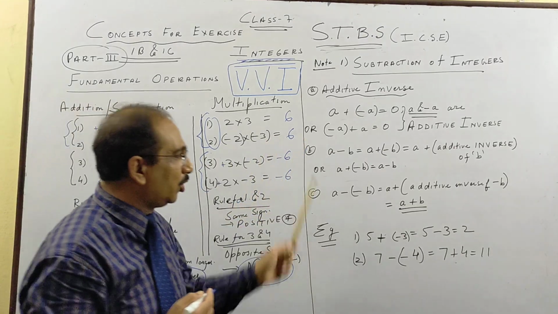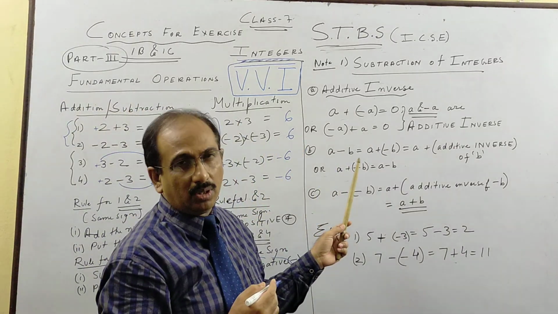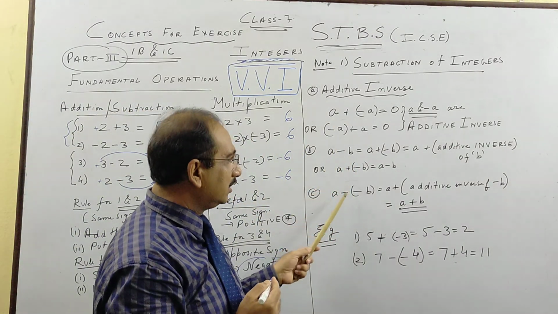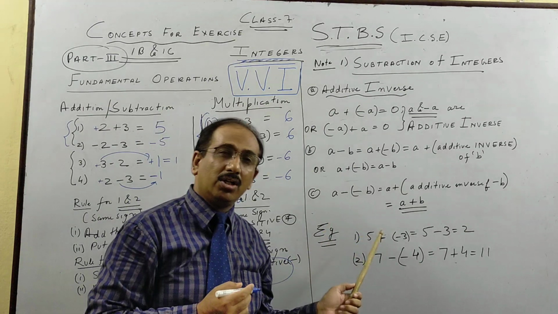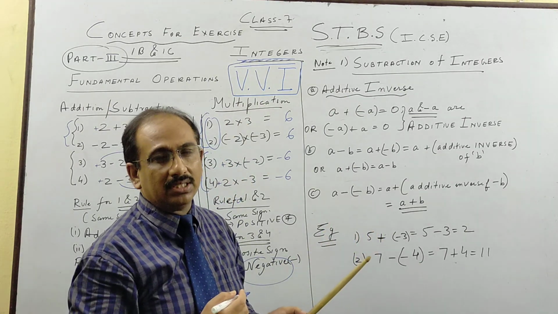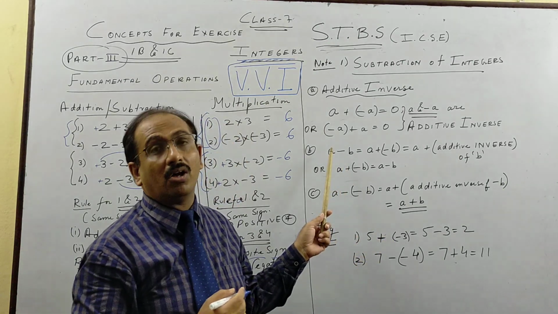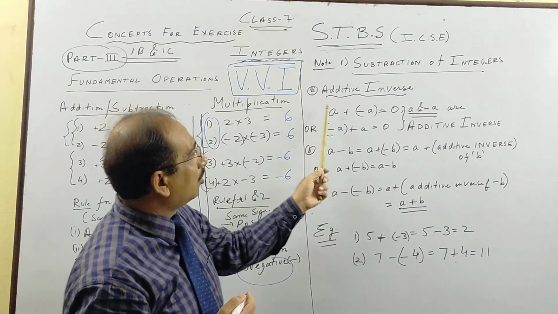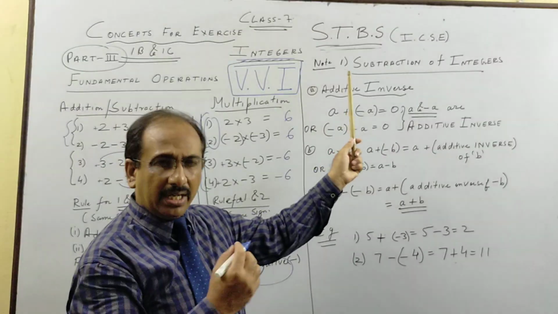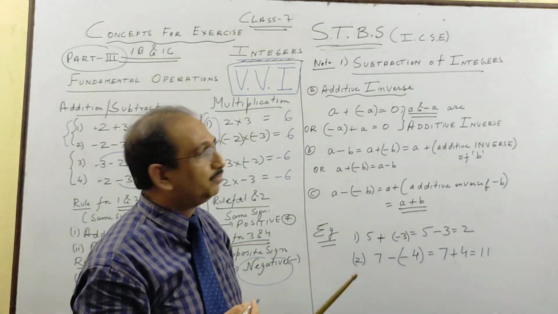Now something very important, two things I was telling you in my previous video, whose answer I'll give you in detail. I taught you a shortcut in my previous video, but here I'll tell you the shortcut also and the real logic behind it. So now there is a concept. I am talking a little bit about subtraction of integers.